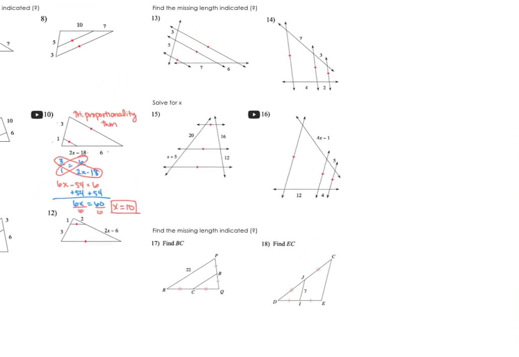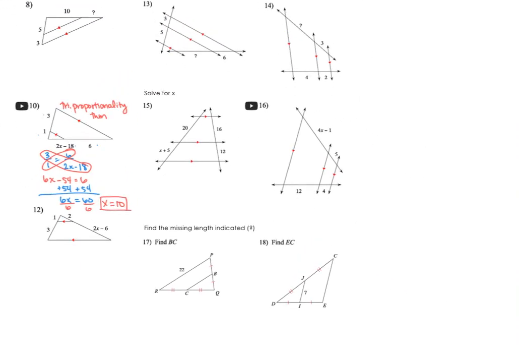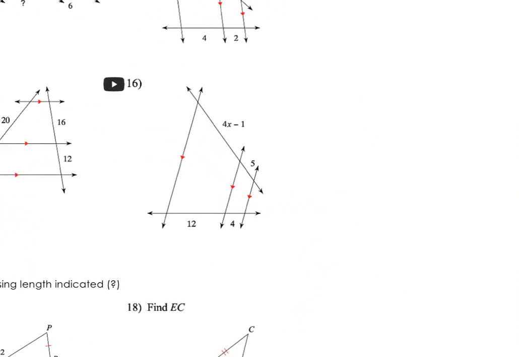All right, the last one I'm going to do is number 16. So this one is proportional segments theorem. So I'm going to set it up 4x minus 1 over 5 equals 12 over 4.